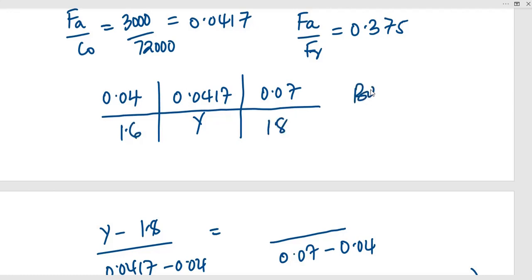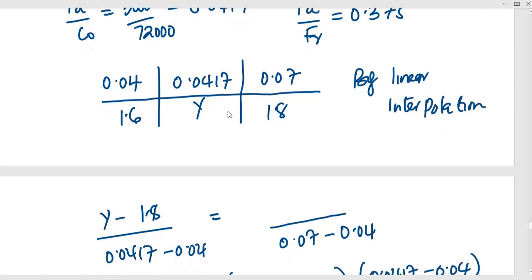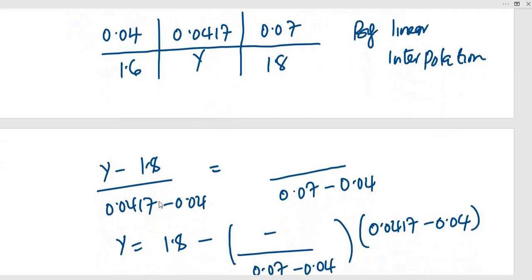So by linear interpolation, we are able to calculate Y from Y minus 1.8 divided by 0.0417 minus 0.04 equal to Y minus 1.8 divided by 0.0417.